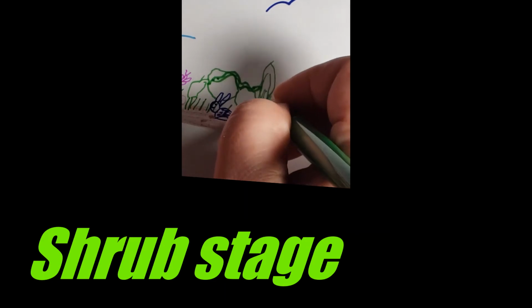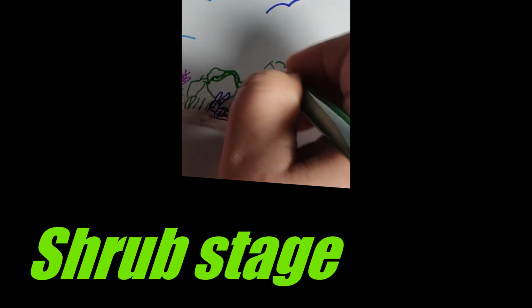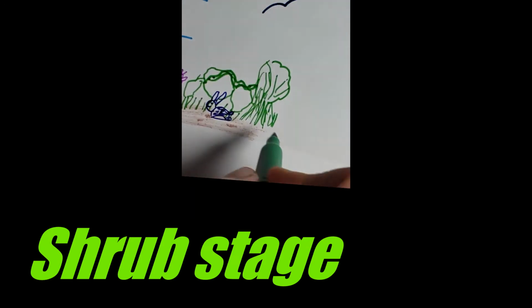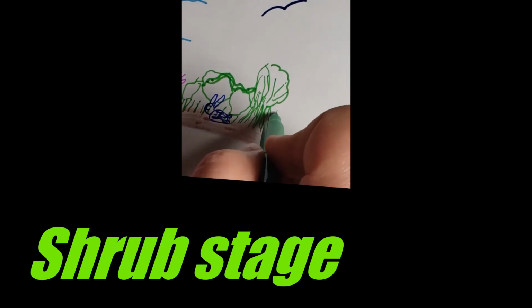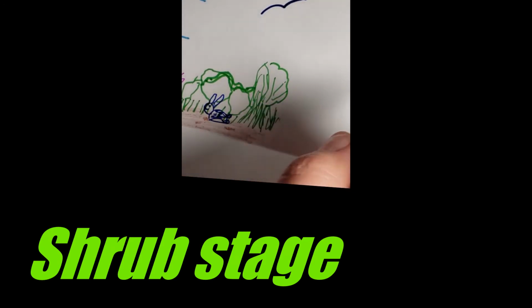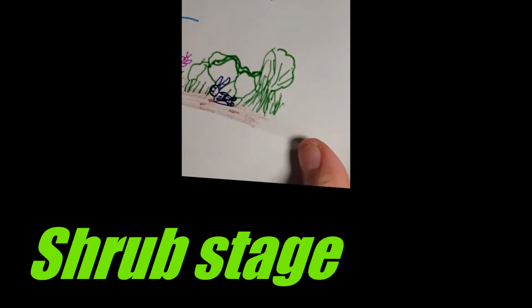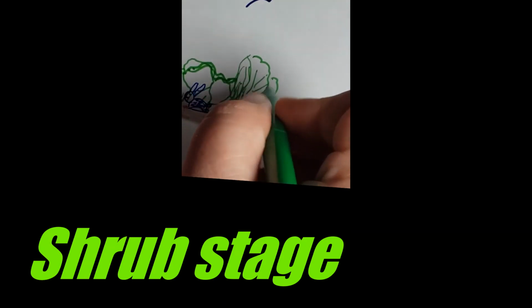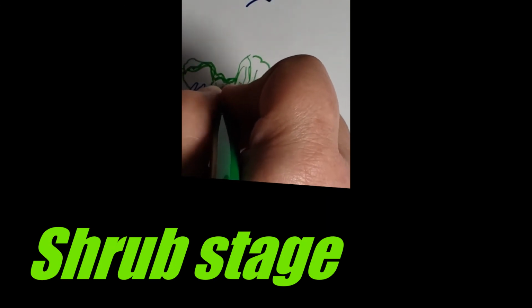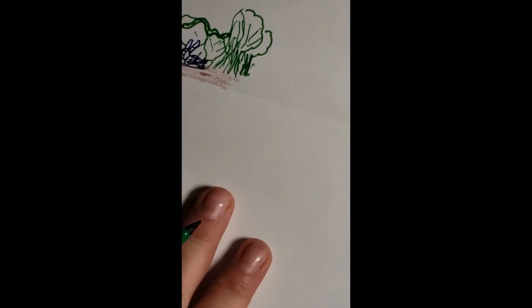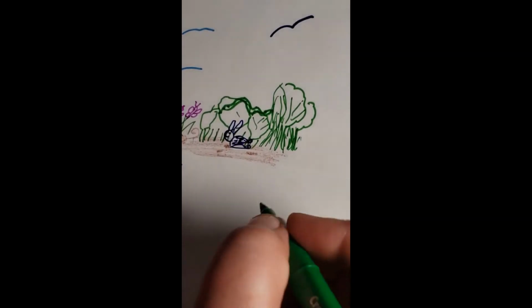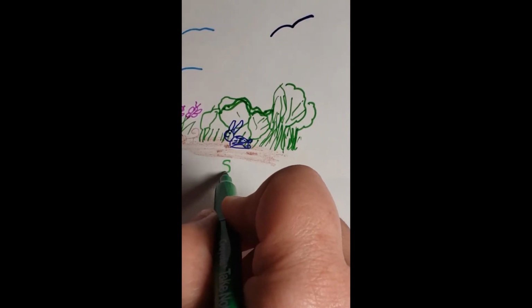And then, of course, our little shrubs keep getting thicker with little grass. And then if they die, they provide more nutrients. So once we have the shrubs established, this stage right here is going to be called the shrub stage.